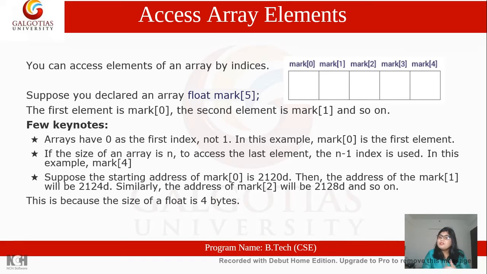Then the address of mark[1], that means now we have shifted from the first element to the second element index, will be 2124D. Again, this is because the size of a float is 4 bytes and we have the memory addresses in a contiguous manner.